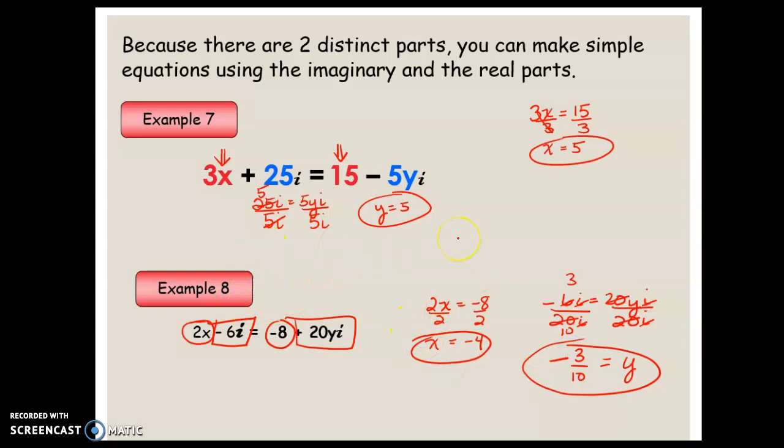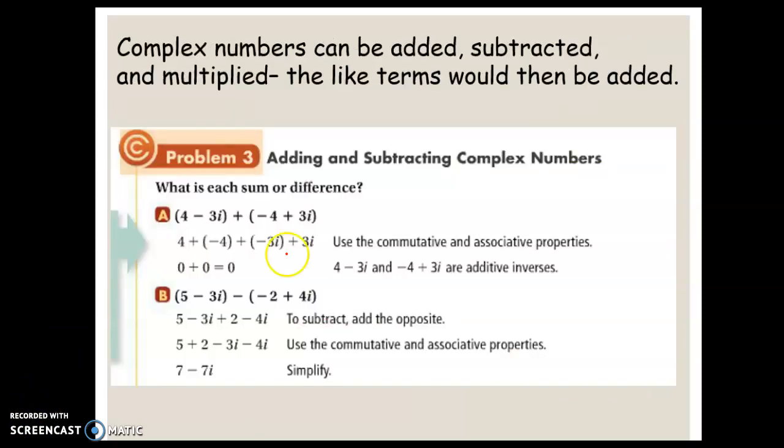So it's not too hard, it's just that you're going to have to make sure you understand what the real part is and what the imaginary part is. Okay. Complex numbers can be added, subtracted, and multiplied. The like terms would then be added. So right here, I left one again for you. I like to leave these so that you can look back up and see. 4 minus 3i plus negative 4 plus 3i.